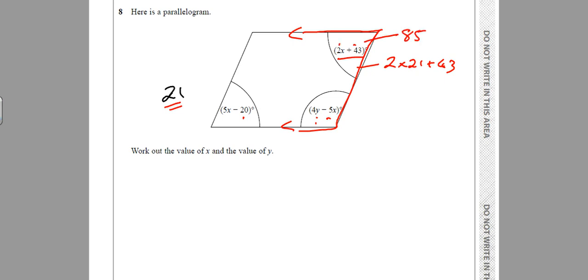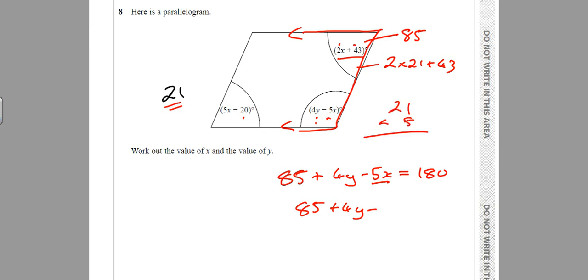So I know that this plus this equals 180. So 85 plus 4y minus 5x equals 180. Now again, I know what 5x is. 5x is 5 lots of 21, so 21 times 5 is 105. So 85 plus 4y minus 105 equals 180. 85 take away 105 is going to be minus 20.